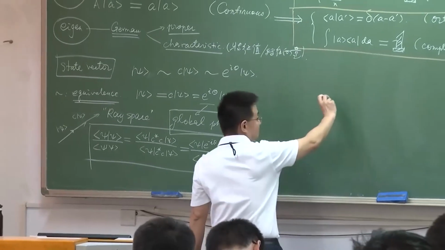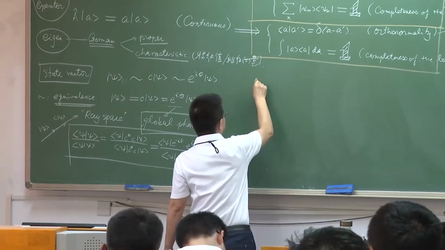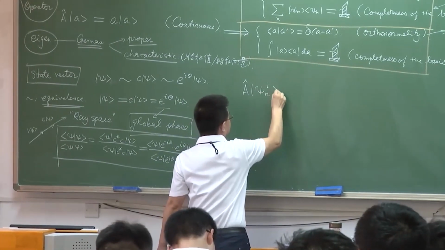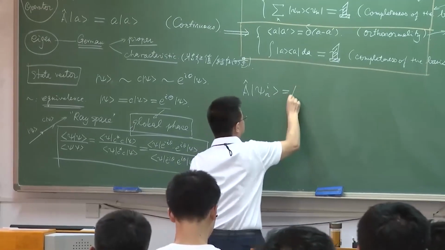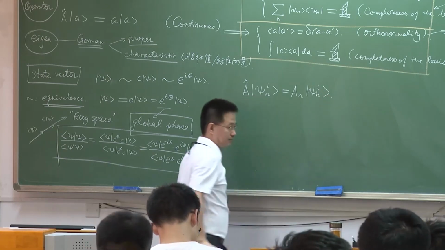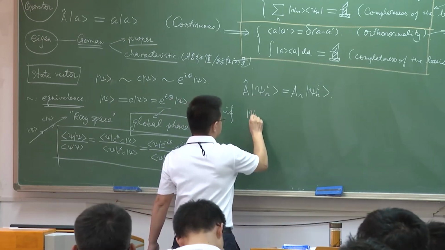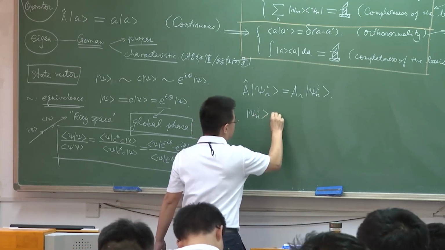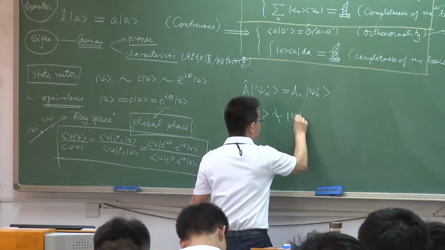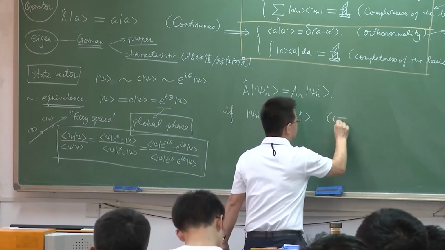But we have another case, because we have A, if it operates on this, if psi_{n i} is not equivalent to psi_{n j}, and i is not equal to j.